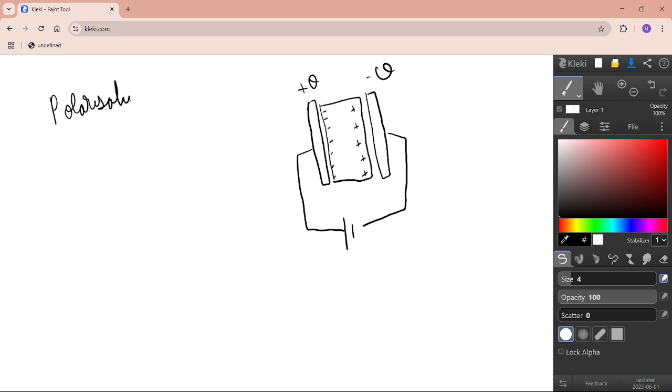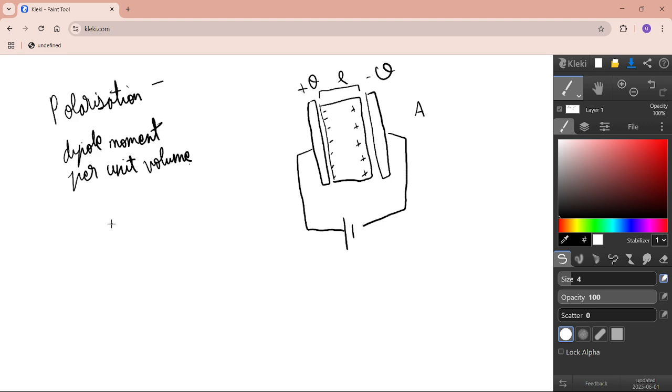Polarization is defined as a dipole moment, here the dipole, let's say the length is L, per unit volume. Dipole moment per unit volume. Let's say the cross-sectional area of this dielectric is A.